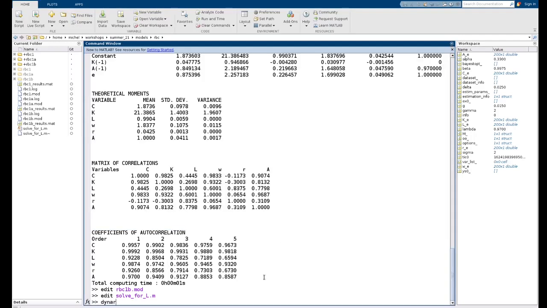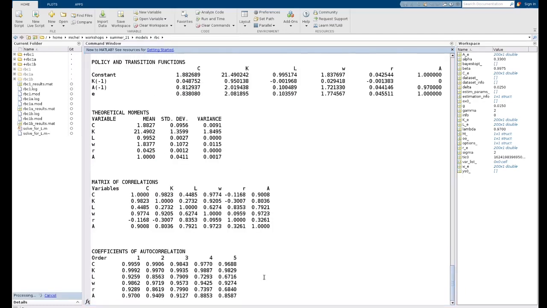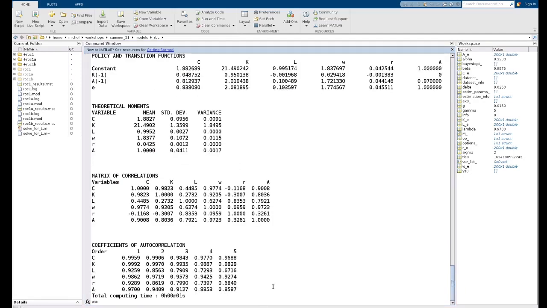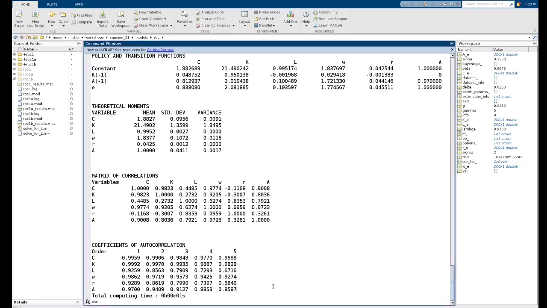And now I'm running Dynare rbc1b. And again, you will compare the results when gamma is equal to 0 and when gamma is equal to 5. So here is what I wanted to show you in practice with the real business cycle model.